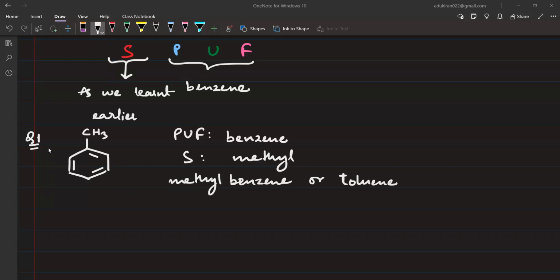Now, after that, you are going to see some names derived from toluene. That means the parent becomes toluene. Please see, I have CH3 here. And then let us suppose I have a Br group here.